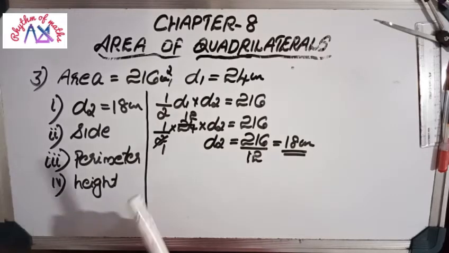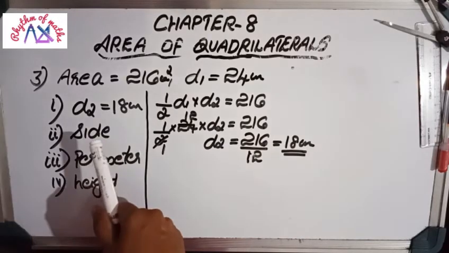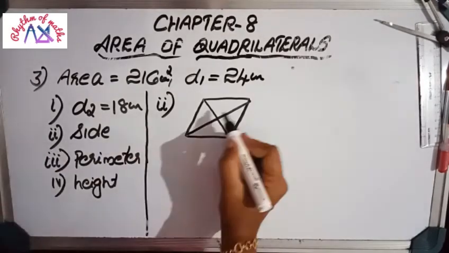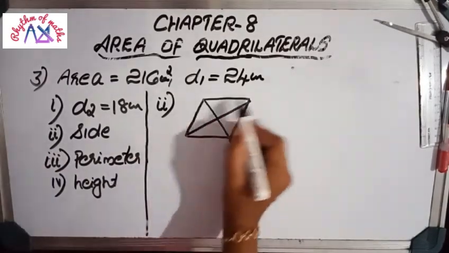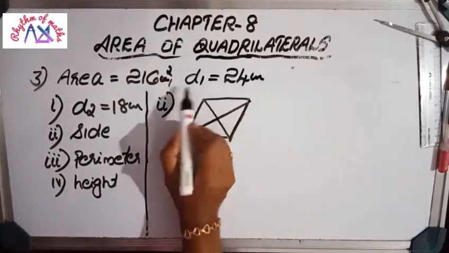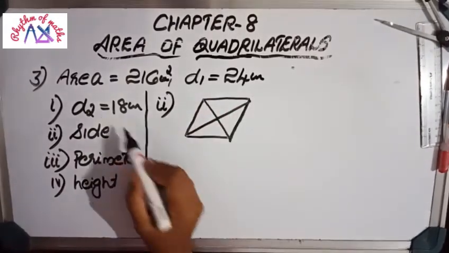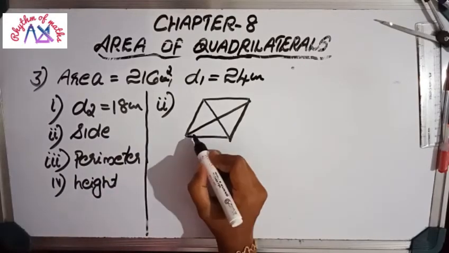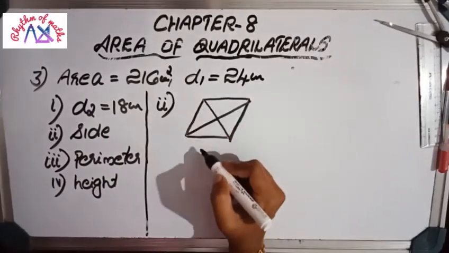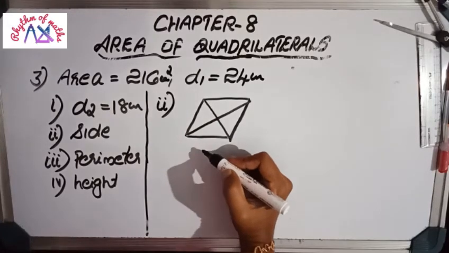Next sub question is what is the length of one side of this rhombus. For that let's consider a rough figure. This is a rhombus, all four sides are equal. Here the first diagonal is 24 centimeters, the second diagonal 18. We know that the diagonals are perpendicular bisectors of each other.